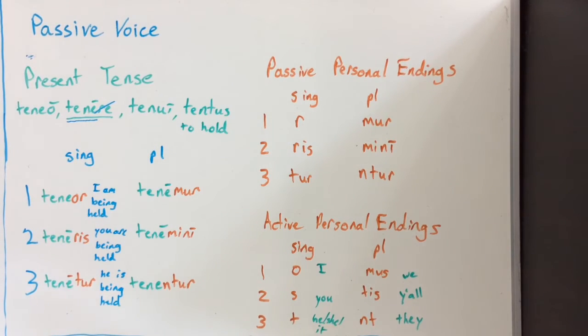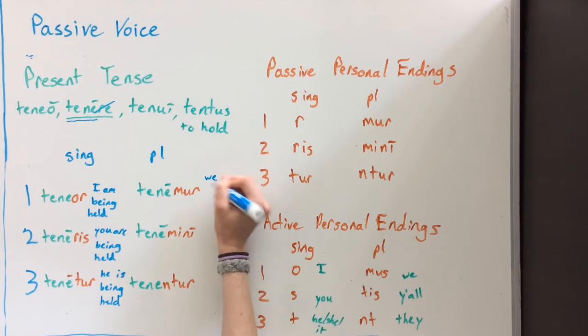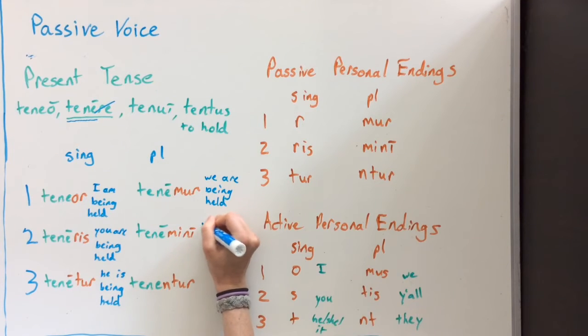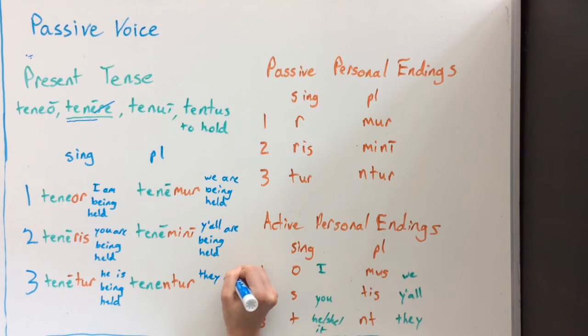But she, it, or another noun would be valid. Tenemur, we are being held. Tenemini, y'all are being held. And tenentur, they are being held.